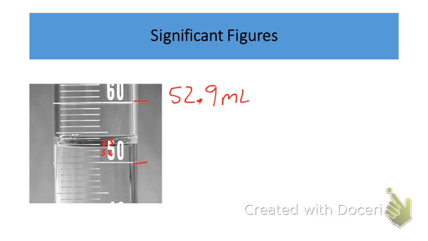All right. Now you might estimate that it was 52.8 milliliters. All right. Is that okay? Absolutely, because we both agree on the first two digits. And we agree that those first two digits are certain and true. And then our last digit, that's where we disagree. And that's exactly where we're supposed to disagree, on that very last digit, our estimated digit.